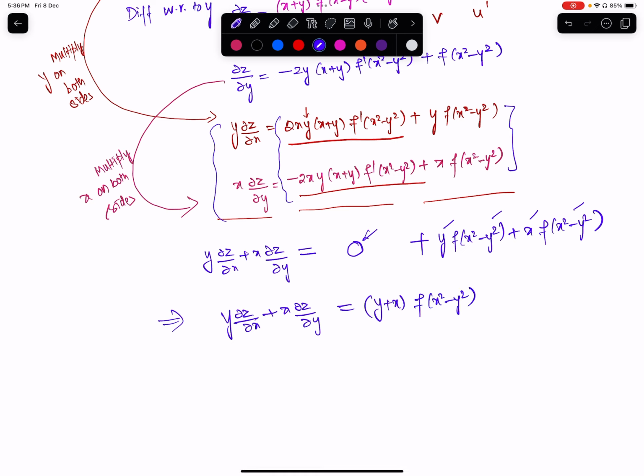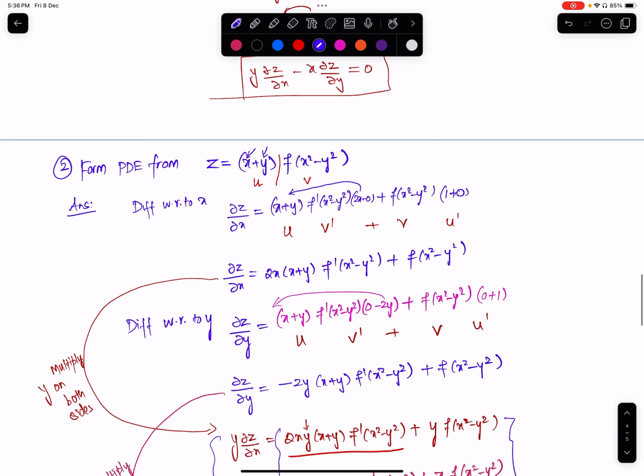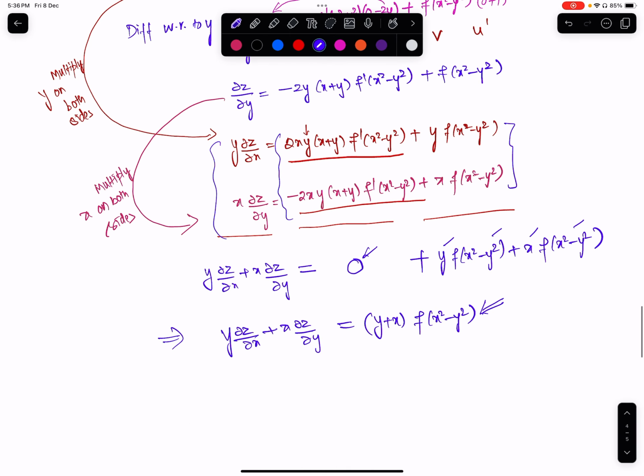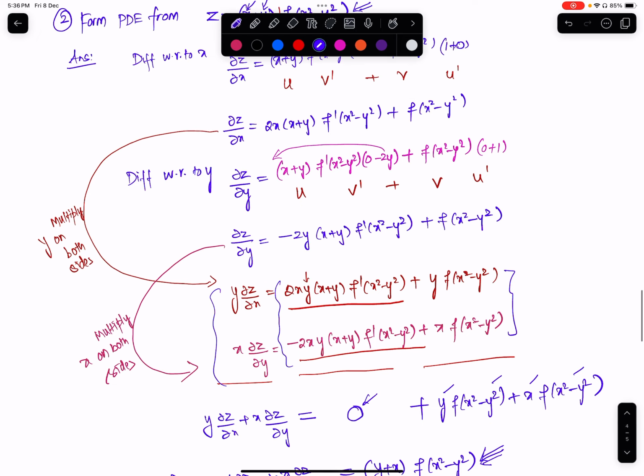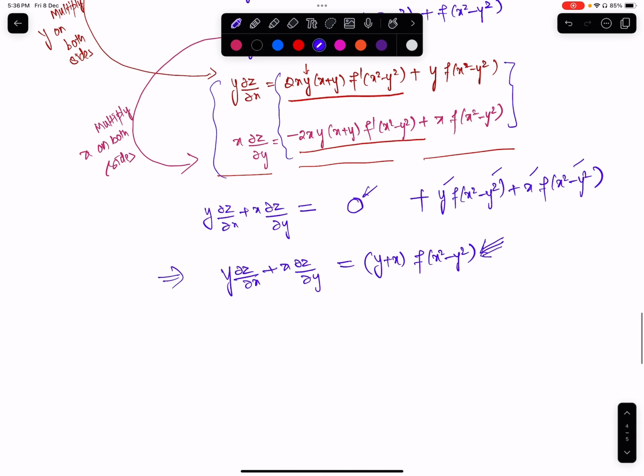Just to see this, we reach a place where you can replace the entire right hand side by the given function. What is given in the question and what we reached here on the right hand side are one and the same. So in the place of this entire term, you can just put z.